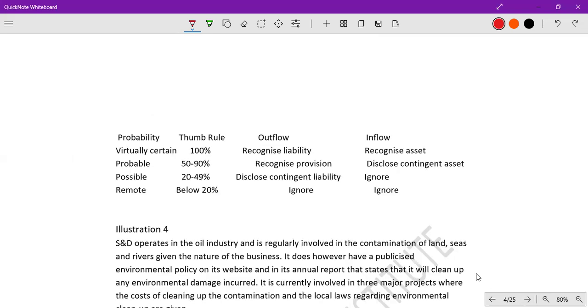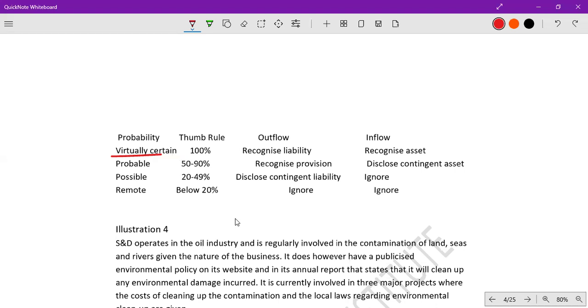So let's look at the probability and then some general rules. When you are virtually certain, it means you are 100% sure that it will happen.